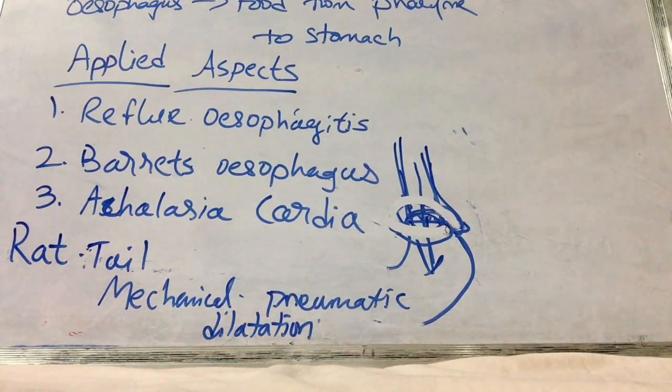Or surgical weakening of the sphincter and administration of drugs that decrease the tone of the sphincter. If the tone of the sphincter is decreased, naturally it will dilate. So these are the applied aspects regarding the esophagus: reflux esophagitis, Barrett's esophagus, which is actually a continuation or chronic form of reflux esophagitis, and achalasia cardia.